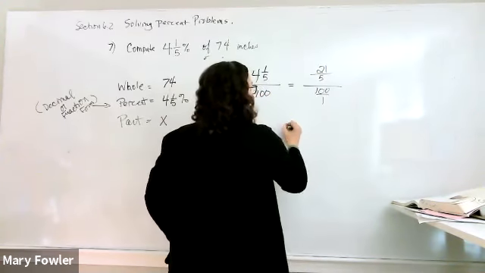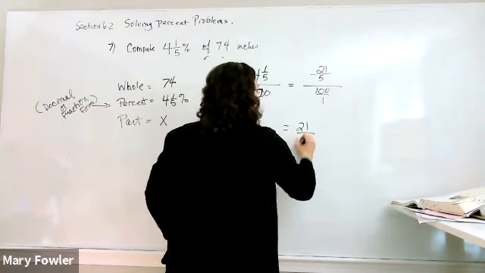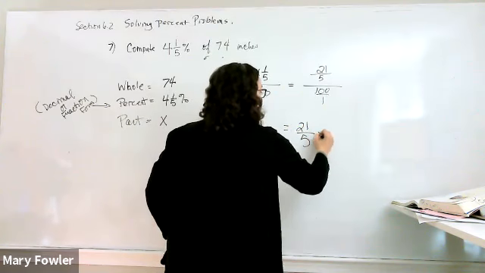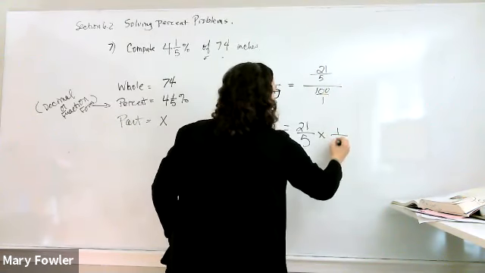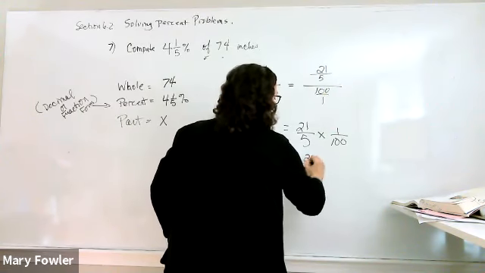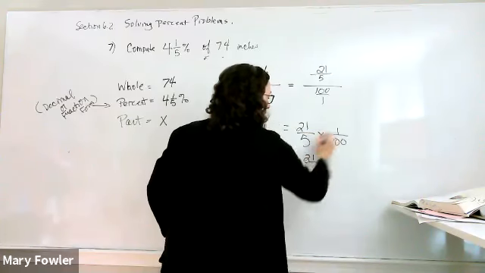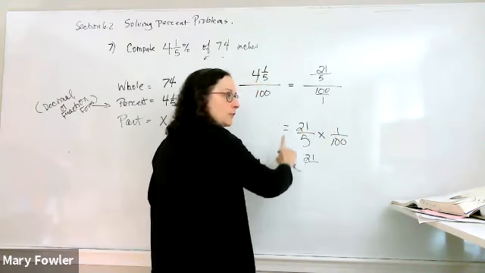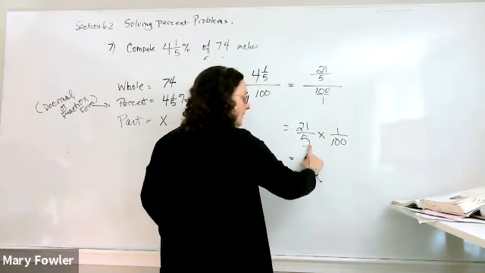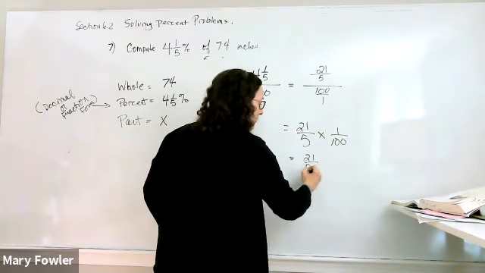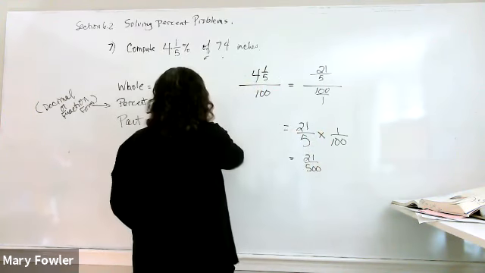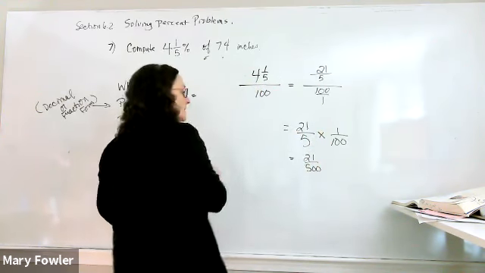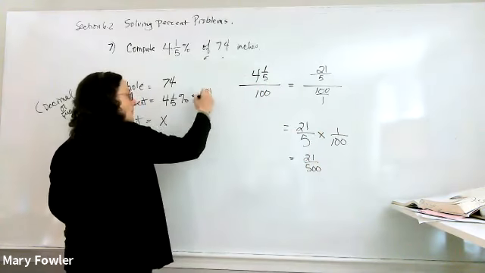So we have 21 over 5 times the reciprocal, 1 over 100. And we get 21, numerator times numerator is 21 and denominator times denominator, 21 over 500. So that's how we express this percent in fraction form.